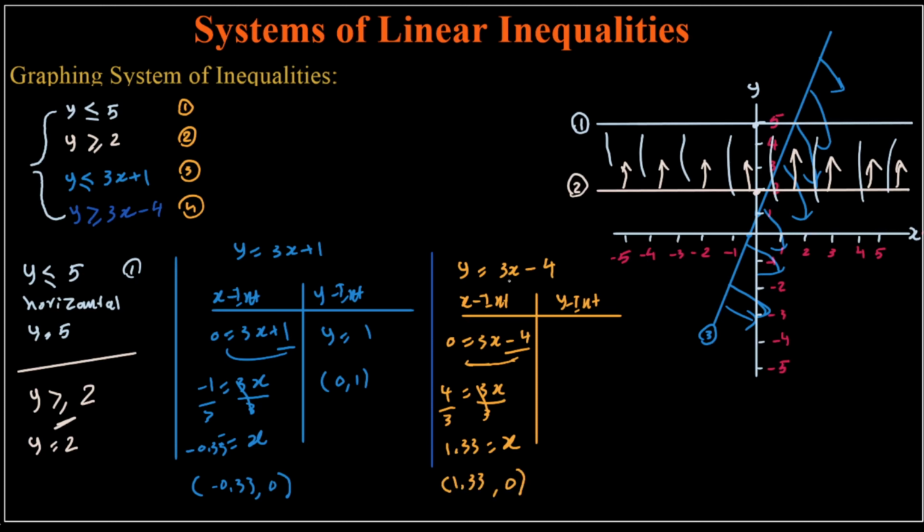For y-intercept, x is 0, so we can immediately say y equals negative 4. Our point will be 0 and negative 4. Let's graph this inequality. We have 1.33. This is 1 and 0.33 approximately is here. And we have 0 and negative 4 for y, approximately here.